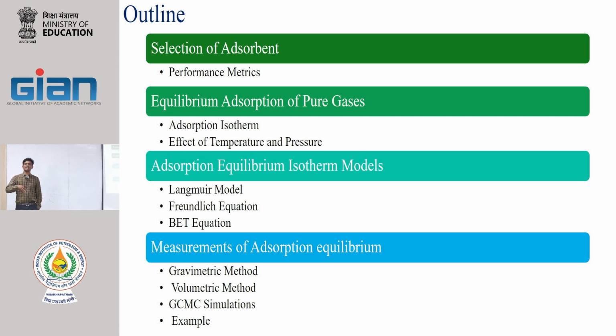Here we are trying to explore the pure gas adsorption isotherms, and then the pure gas adsorption isotherm models, and how to actually measure it. One way is applying the experimental techniques, one way is through simulations. How can we measure the pure gas adsorption isotherms or mixed gas adsorption isotherms? So these are the things which we will be covering in the second part.